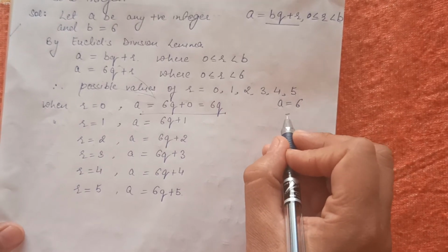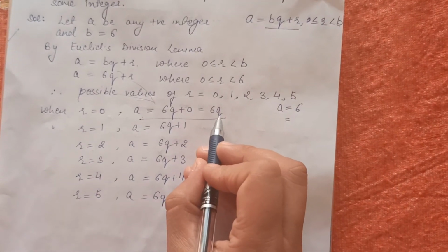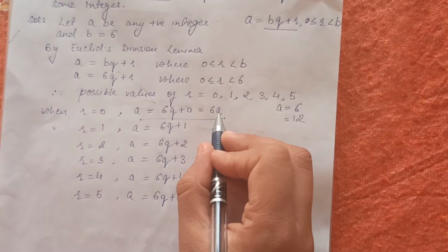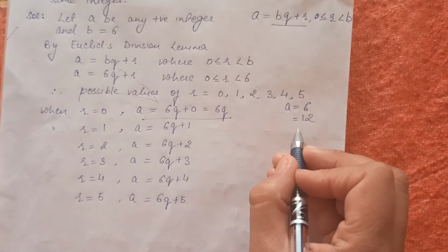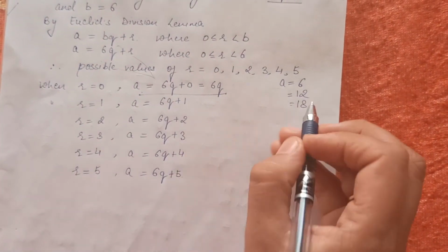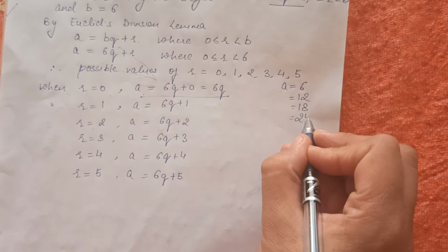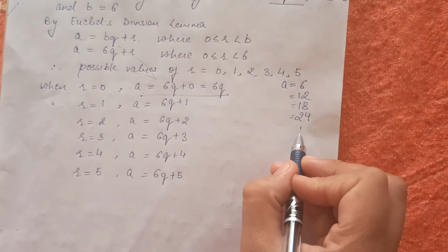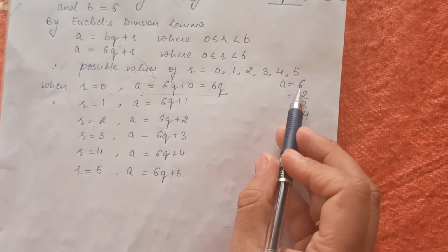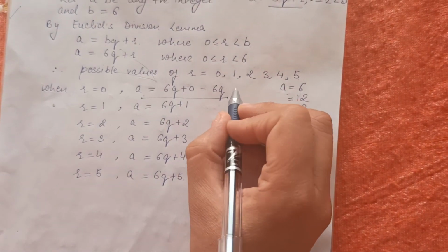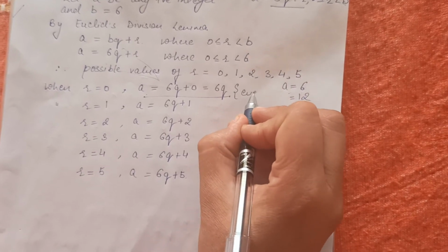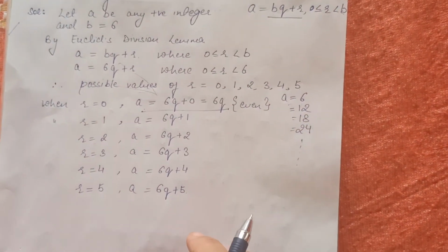When q is 2, a can be 6 into 2, 12. When q is 3, a can be 6 3s are 18, or when q is 4, it can be 6 4s are 24. And similarly, you can continue. For all values of q, our a will always be even. So what we are getting here? We are getting a to be an even number.